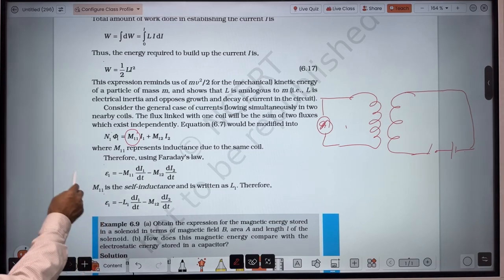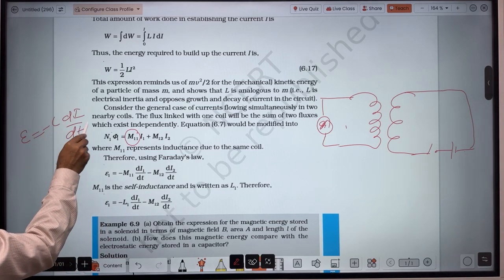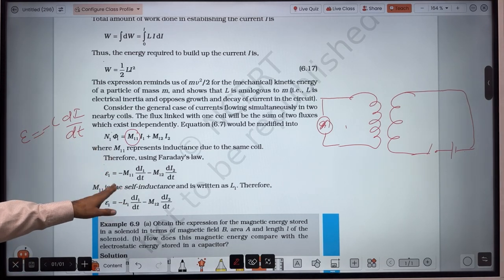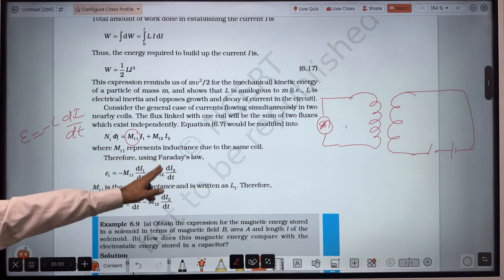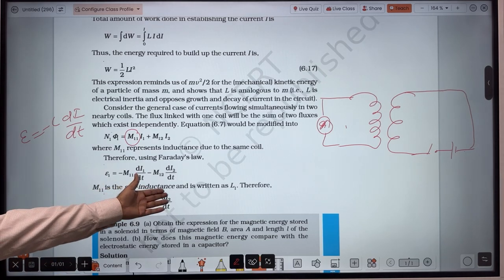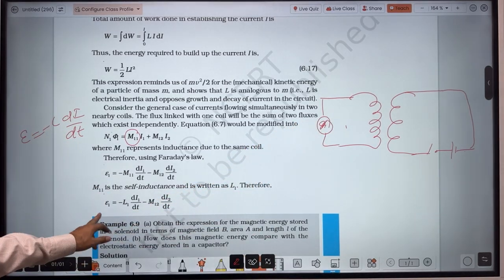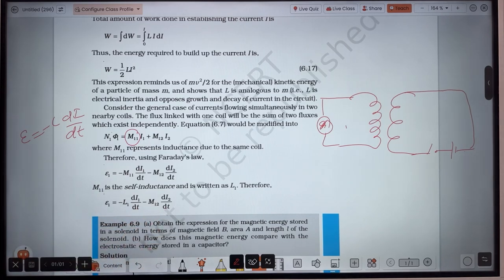So we can say, if you remember the formula, E equal to minus L di by dt, and if M is given, then M will also be there. So if we write it as EMF, then E1 equal to minus M11 di1 by dt minus M12 di2 by dt. Is it clear? So here M11 is the self inductance and is written as L1 of the first coil. The same case is true if you consider the second coil. So it is written as E1 equal to minus L1 di1 by dt minus M12 di2 by dt. I think this is clear.